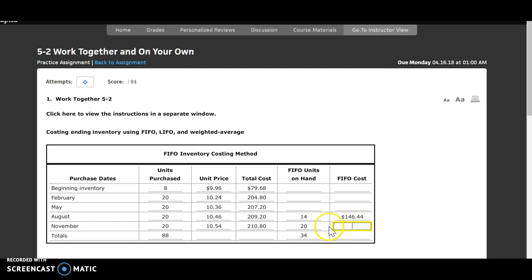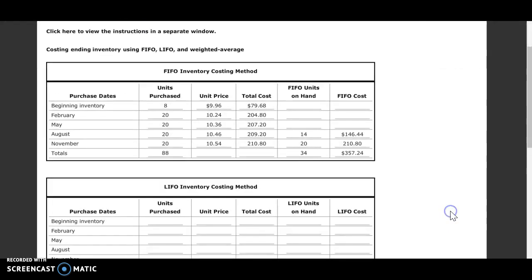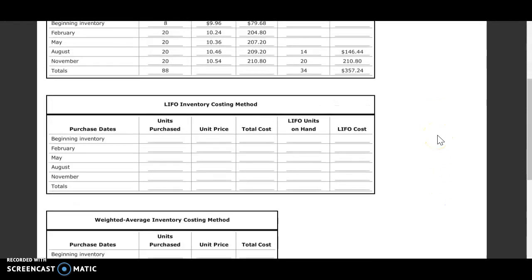I'm just going to copy that number here that we already figured out, so 210.8. Okay, and then I'm going to figure out my total FIFO cost, which will be $357.24. Okay, so there's FIFO. Now we'll move on to LIFO.